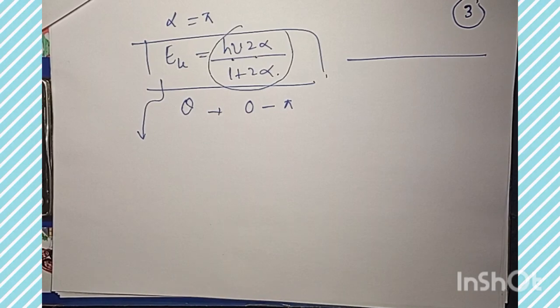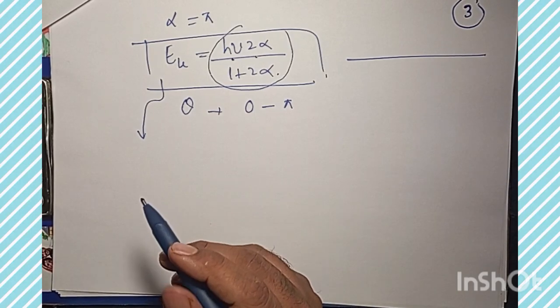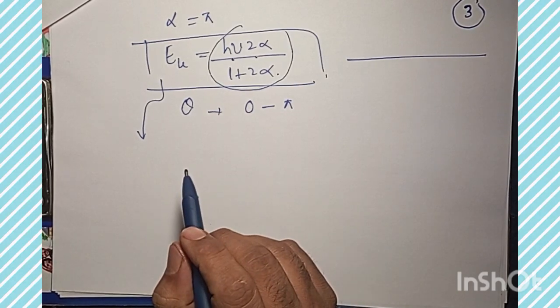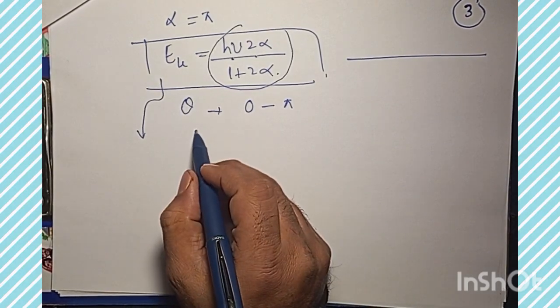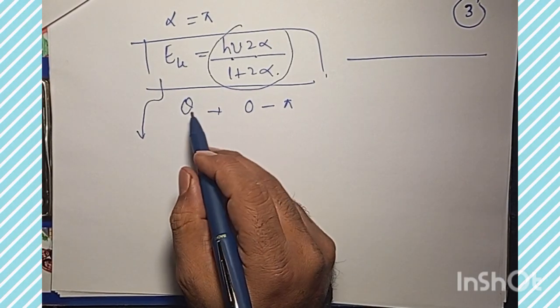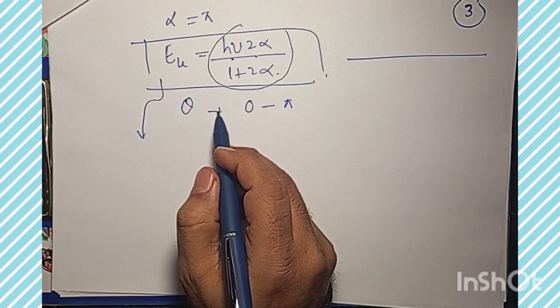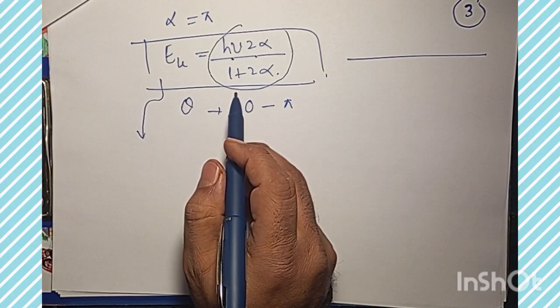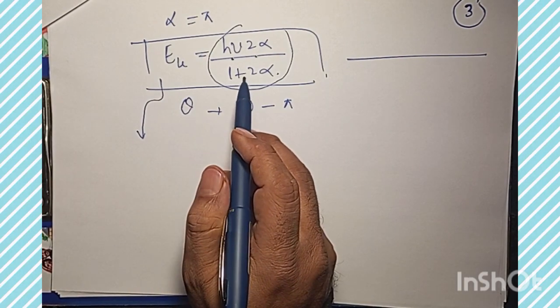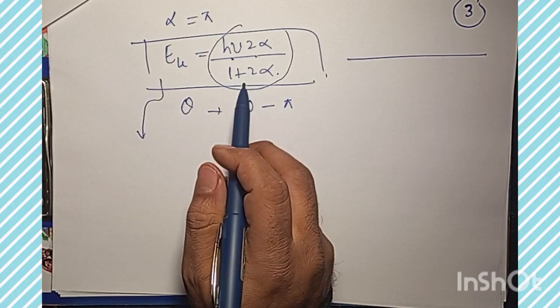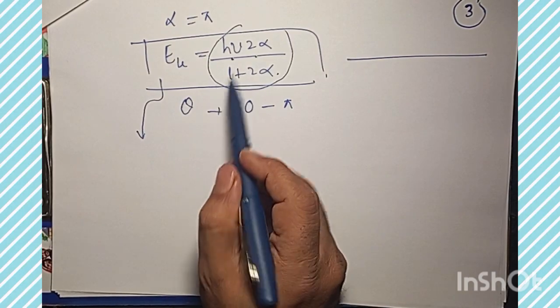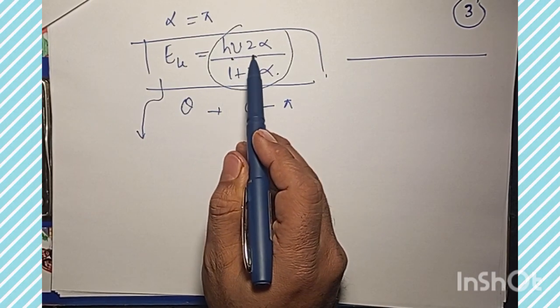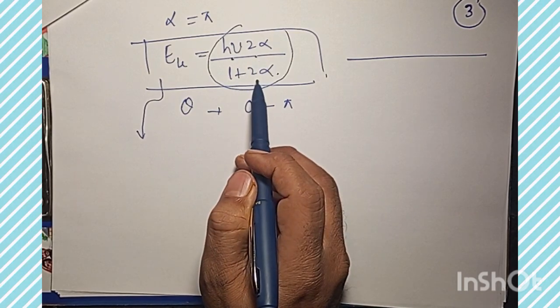What it means is that it's not possible for a photon to transfer the entire energy to the recoil electron, and the maximum energy the photon can transfer to the electron is h nu 2 alpha by 1 plus 2 alpha.